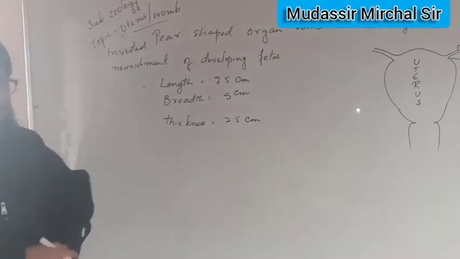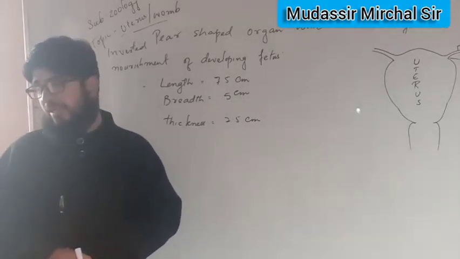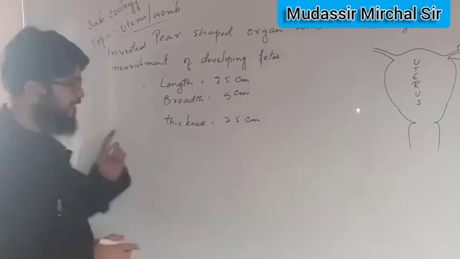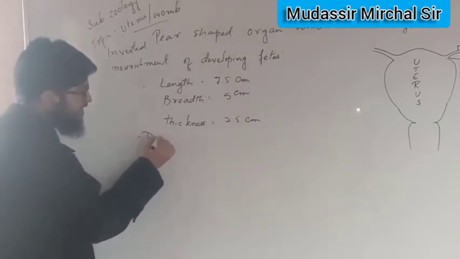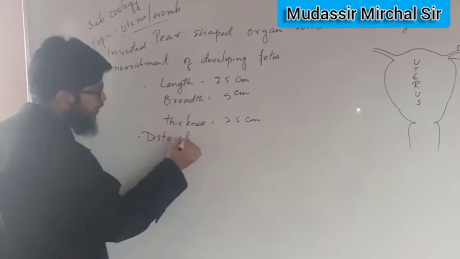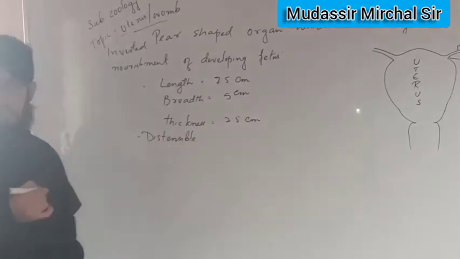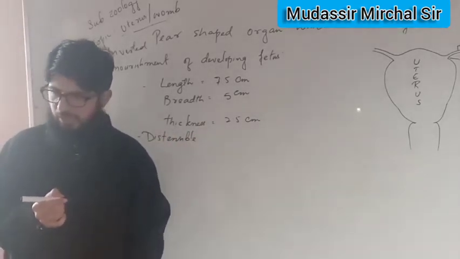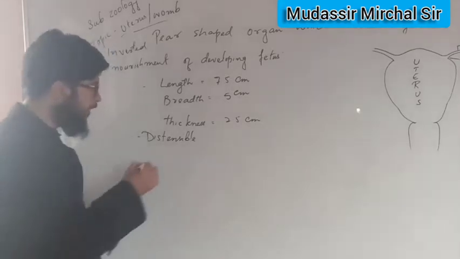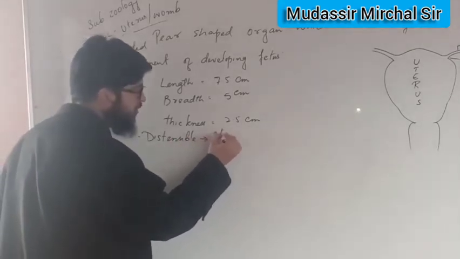Okay, but इसके कुछ characteristics हैं, important characteristics. It is distensible, which makes it very much vital and important. What is distensible? Flexible. Distensible का मतलब it is able to stretch.